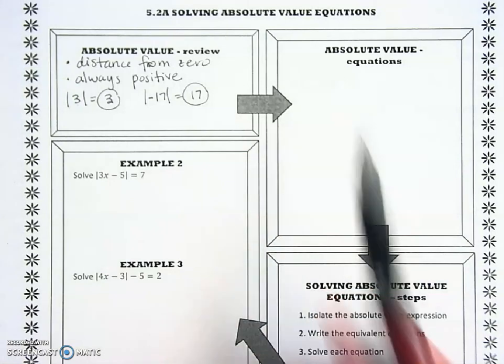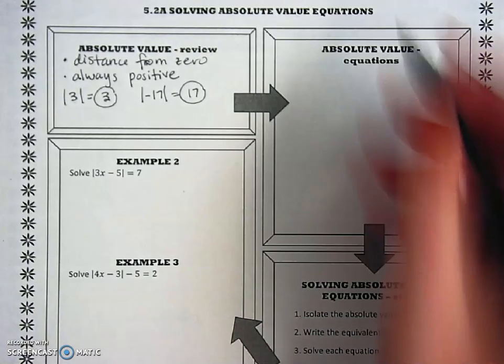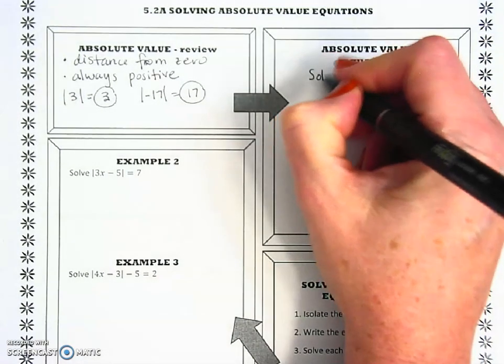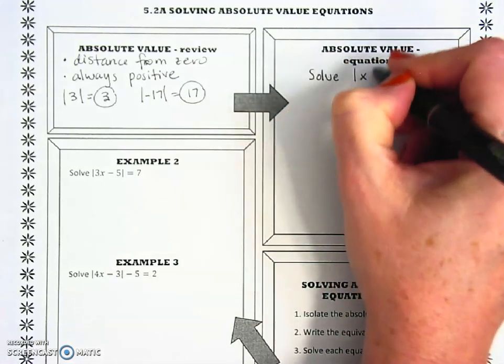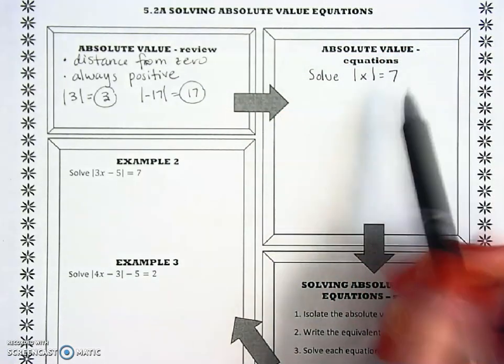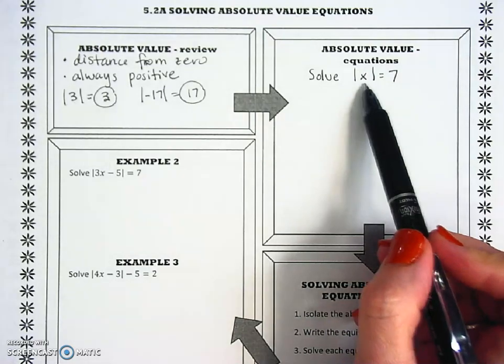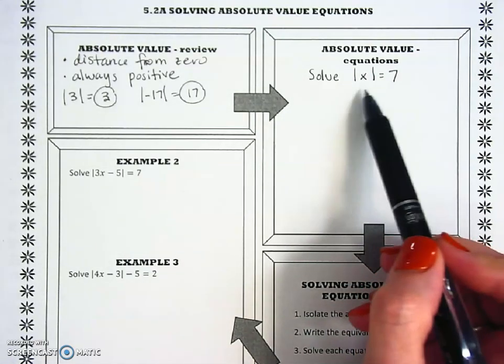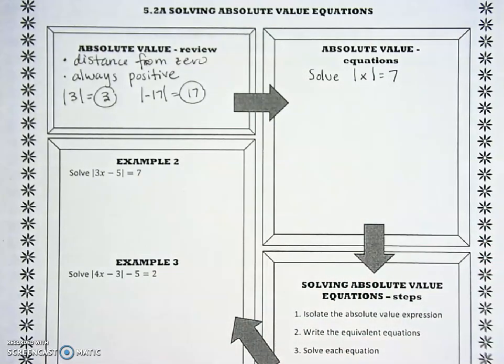When we're talking about absolute value equations, here's the most simple form we could be talking about. Solve the absolute value of x equals 7. When we're solving for the variable, we want to find any and all solutions that would make that equation true.